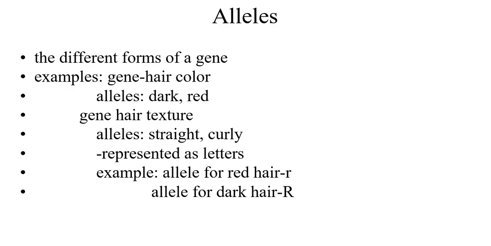Here we're just going to use the simplest version of identifying these alleles, and that simplest version is to use the same letter of the alphabet for the different alleles of a gene. And then for one allele we'll use the uppercase letter such as big R. For the other allele we'll use the lowercase letter such as little r.